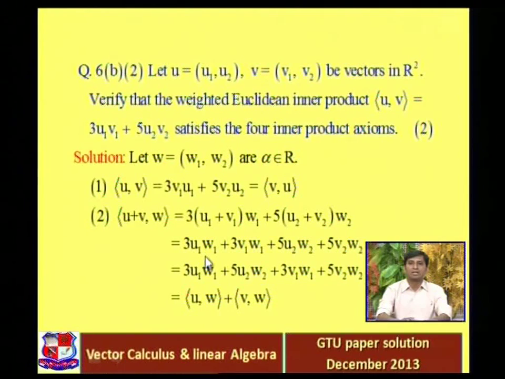That is equal to <u, w> + <v, w>, because the first two terms are exactly <u, w>, and the other two terms can be expressed as exactly <v, w>. So this is the second property.